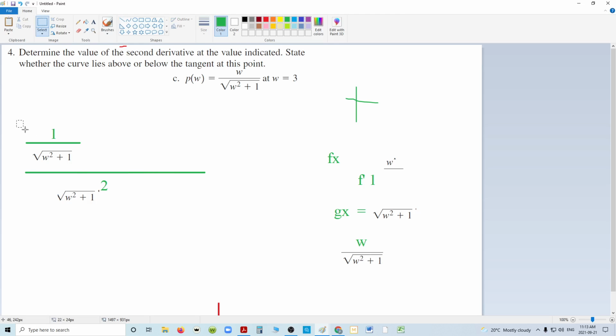If you can't see it, let me know in the comments and I'll redo it. Now suddenly I have this divided by what is essentially this fraction down below. To divide fractions, you take the reciprocal of this and multiply.